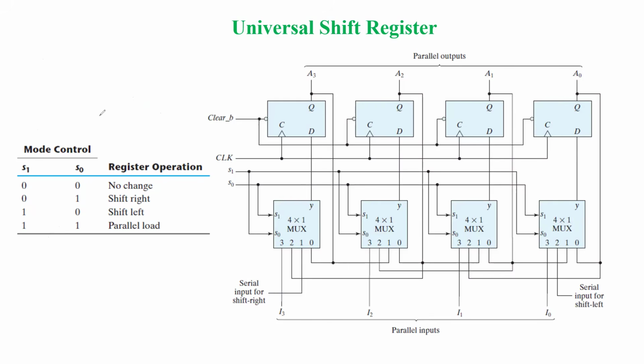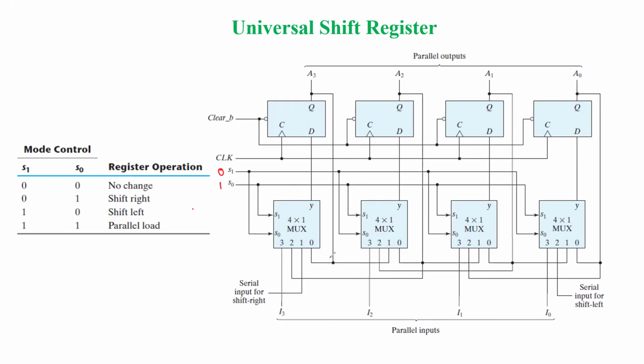First we'll take the example when the selection line combination is 0, 1. That means S1 is 0 and S0 is 1. So it will perform the shift right. In this case, if you see the connections carefully, the output of each flip-flop is connected to the 0 input pin of the multiplexers.